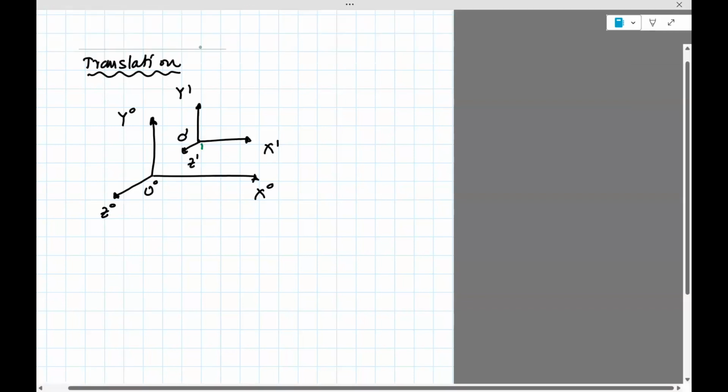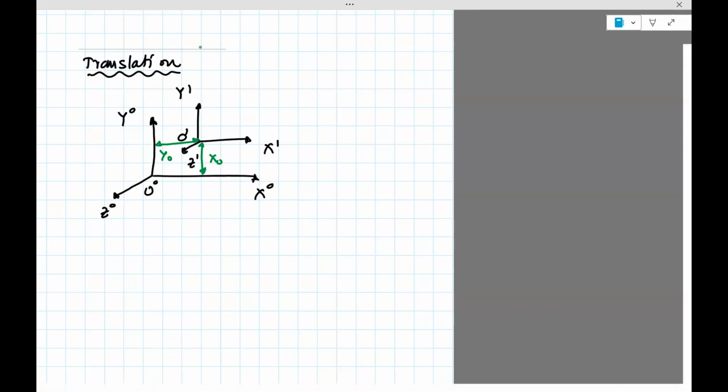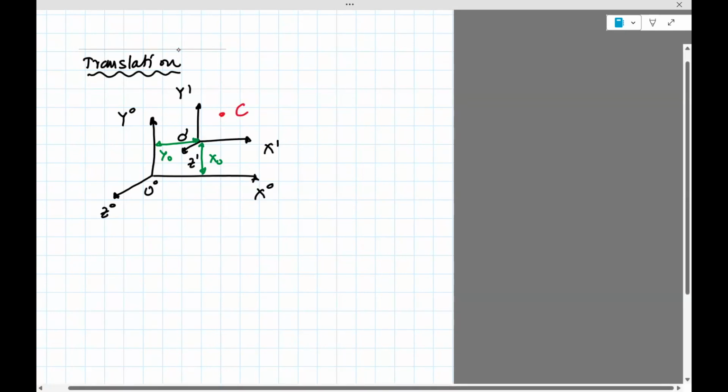We'll use X0, Y0 to describe the translation of the origin. And then if you have a point C, and that point C could be some point in the world, let's say that point does not move, then you can describe the position of C with respect to frame 1.